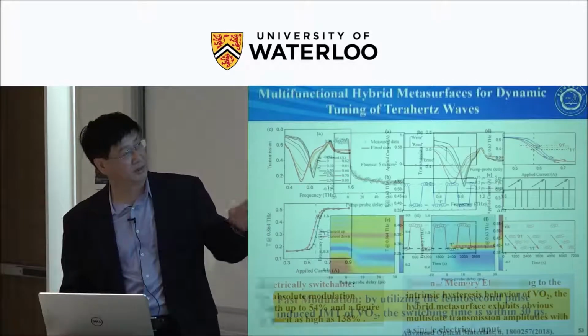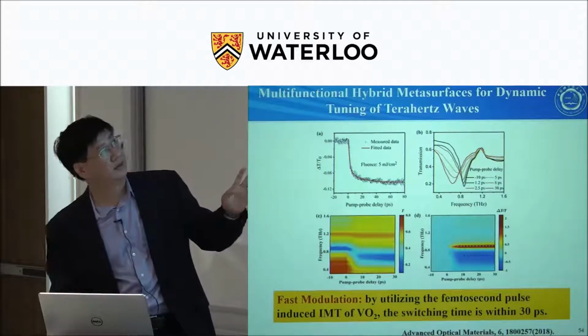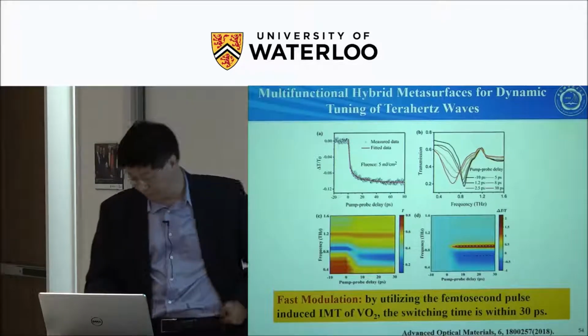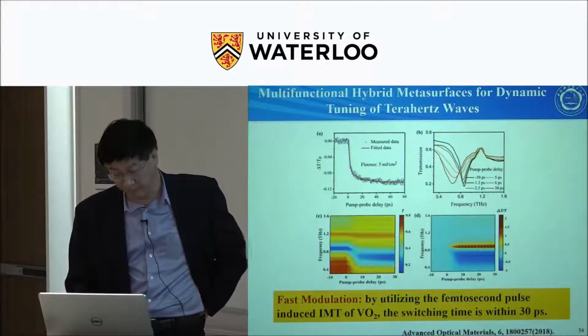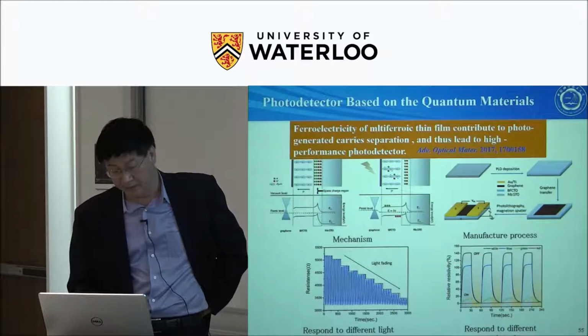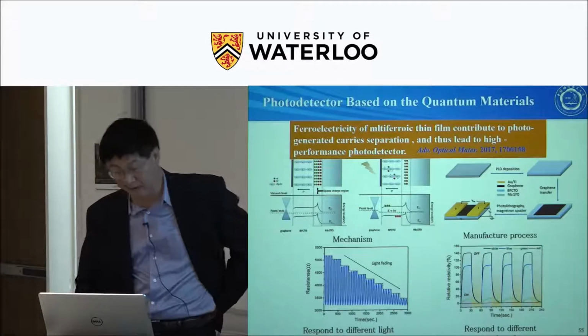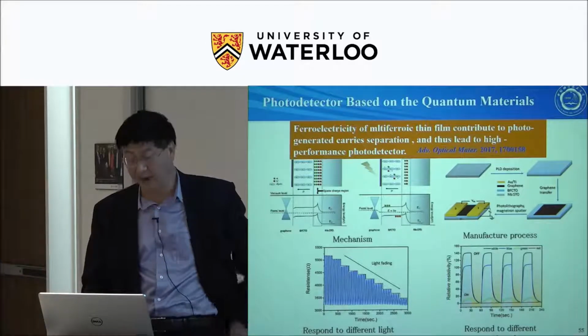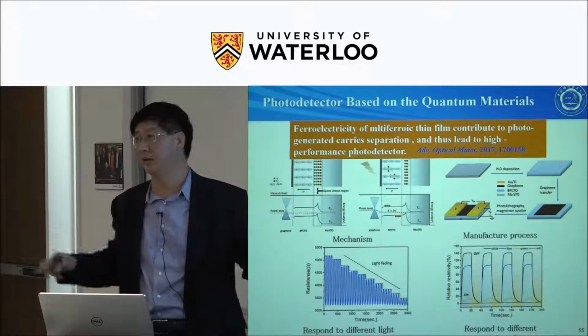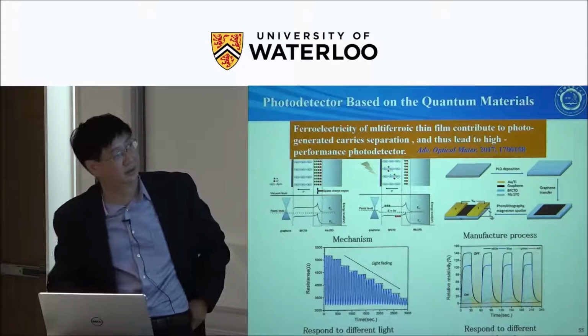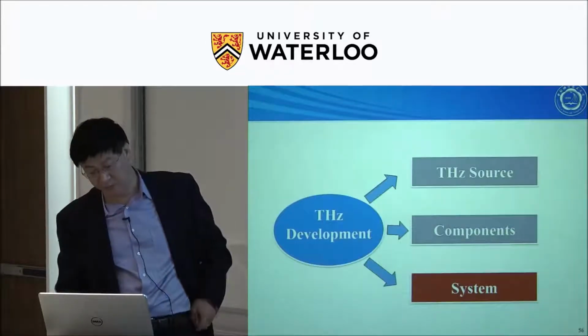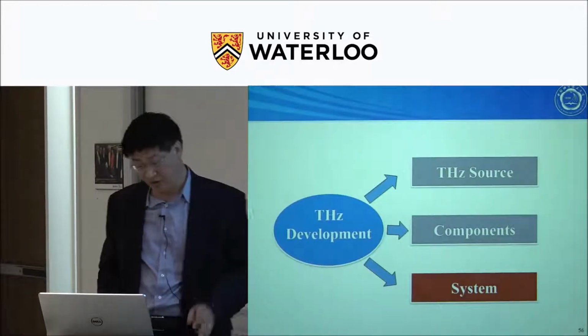We just tune this terahertz. We use all different kinds of designs. Okay. Then we have a photodetector based on this quantum material. Actually, we use our oxide material to detect this. So this is the component side.